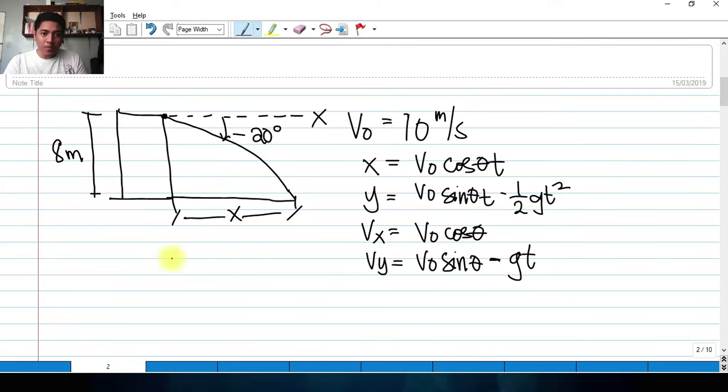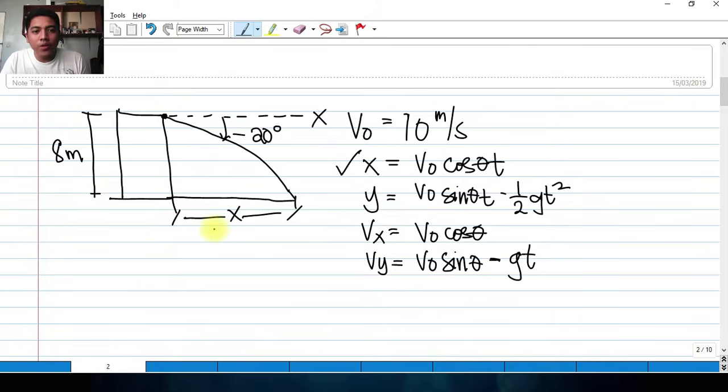Okay. The problem is actually asking for the horizontal distance from my building to the final landing distance of the ball. So I have to use x, okay, because that is the question. However, if I'm going to use x, we are given the v naught, that is 10 meters per second. We are given the angle theta, that is negative 20 degrees, but we don't have the time.